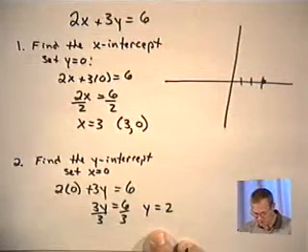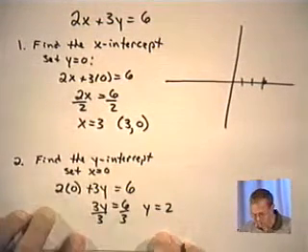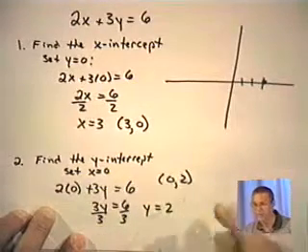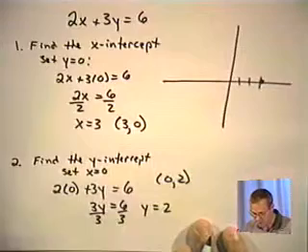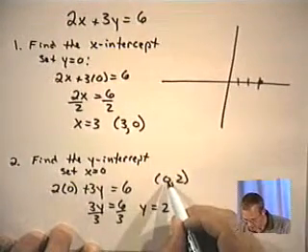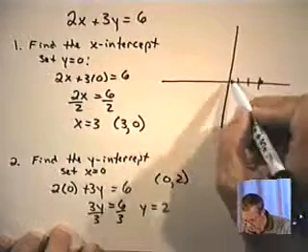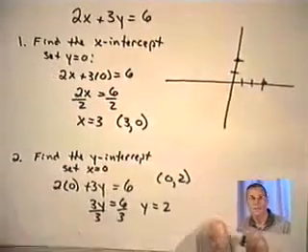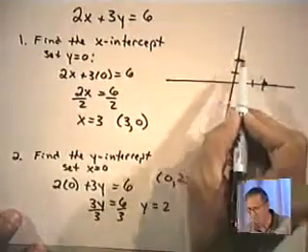So what's the corresponding ordered pair? Well, the x-coordinate is 0. The y-coordinate is 2. So there is another ordered pair. That's the y-intercept. So I'll plot that point. Over 0, up 2. Now notice I have now found 2 points.